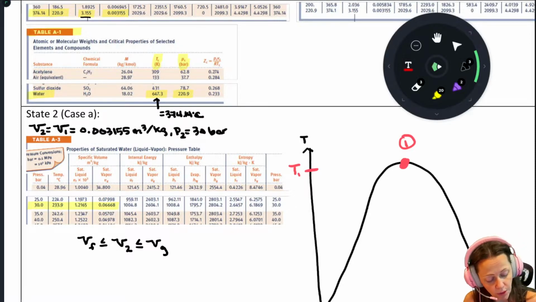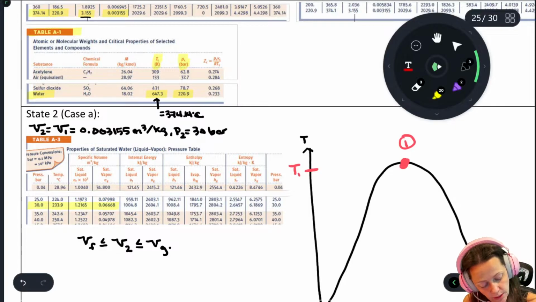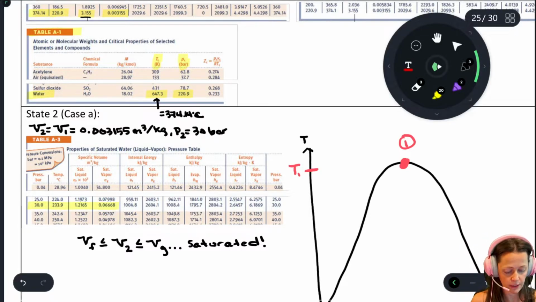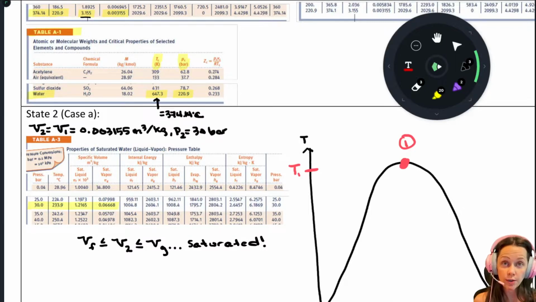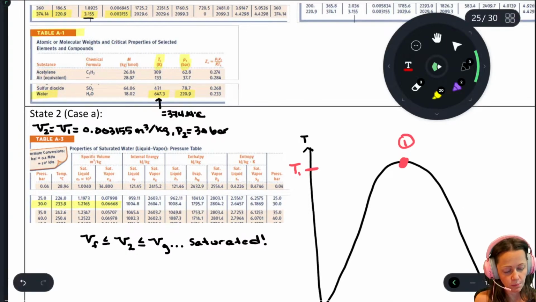I know that it's saturated, so I'm going to go ahead and put that. It's saturated, so it's going to be underneath that dome.